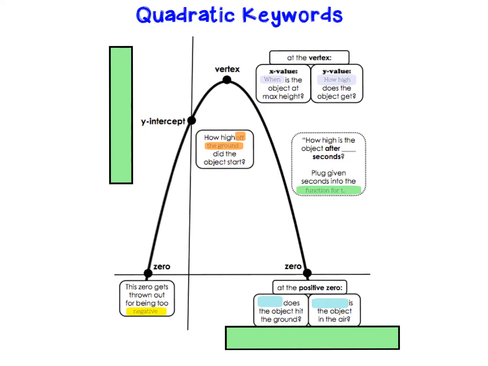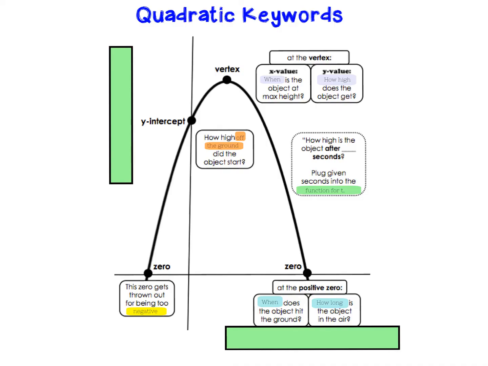And so let's finally make our way down to the second 0, and that's the positive 0, because remember, we threw the negative 0 out. Now, there might be two positive zeros if, like in the soccer ball example, it kicks off after time has started. But the positive 0 is going to answer the question, when does the object hit the ground?